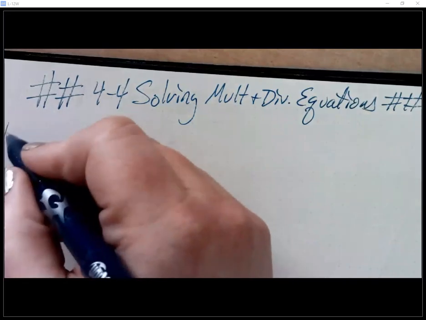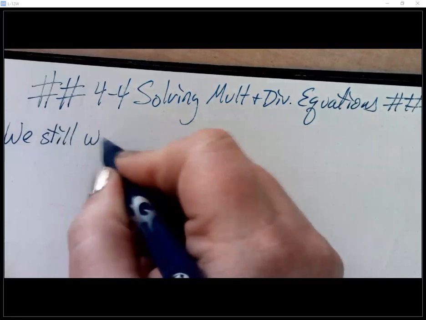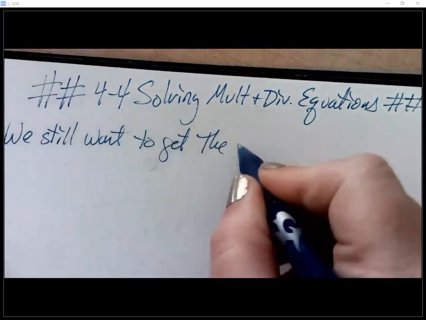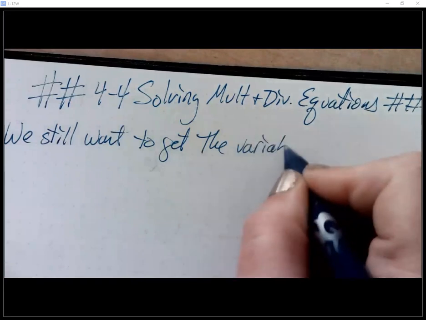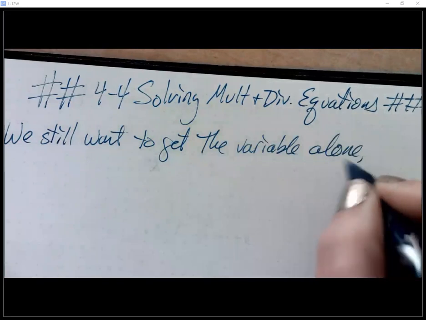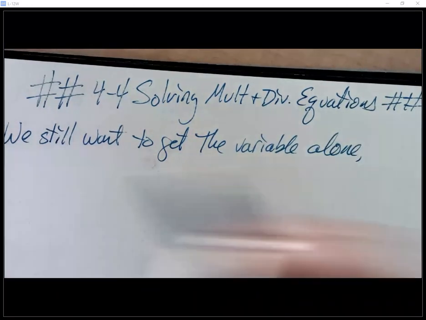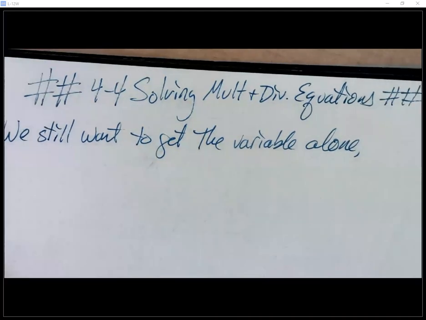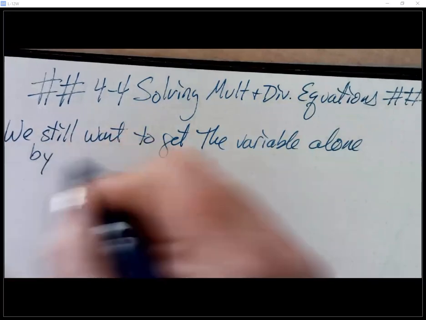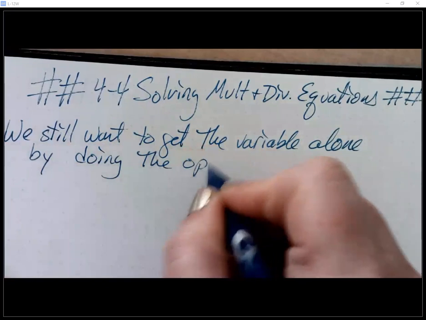We still want to get the variable alone by doing the opposite operation.